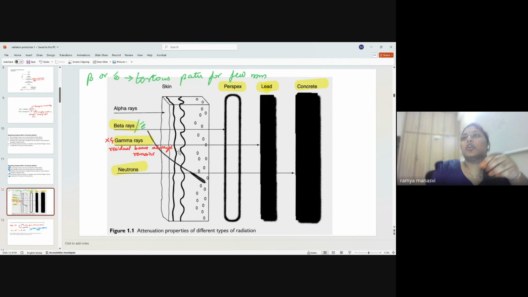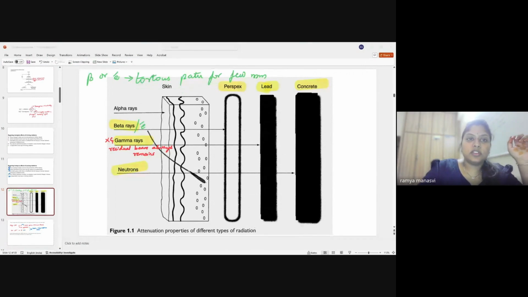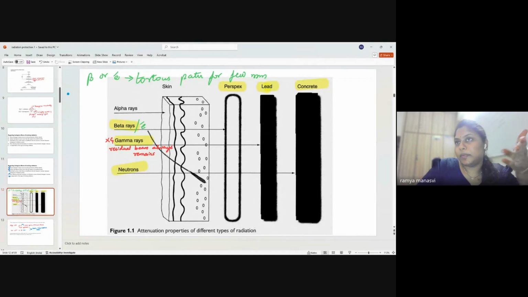They will form a tortuous path. They will travel even a bit more, but they are stopped by Perspex and they penetrate into the skin.